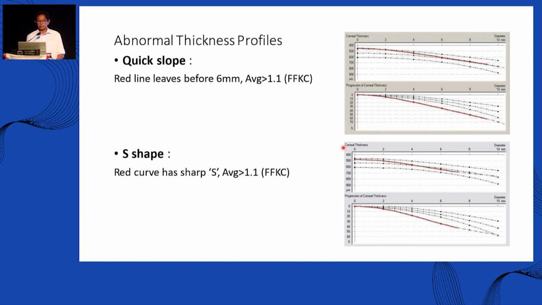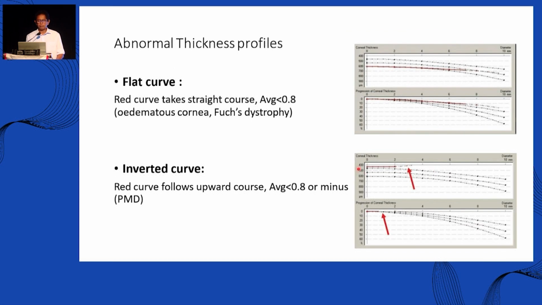If it has an S shape also, it is suggestive of keratoconus. A flat curve happens when you have an edematous cornea, and in pellucid marginal you get a red line which moves upwards because the inferior thinning is there.